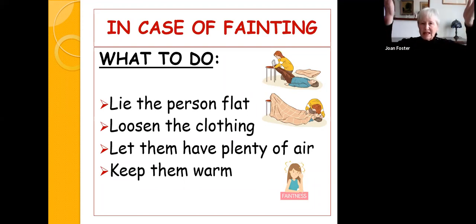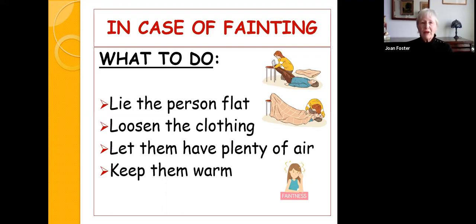You've got to just ease them to the ground, no matter where it is. I've been in situations where I've been grocery shopping and I've seen that someone's not doing well. And as terrible as they think it is, I ease them to the ground right there in the grocery store. Because if they go unconscious and they fall, they could hurt themselves.